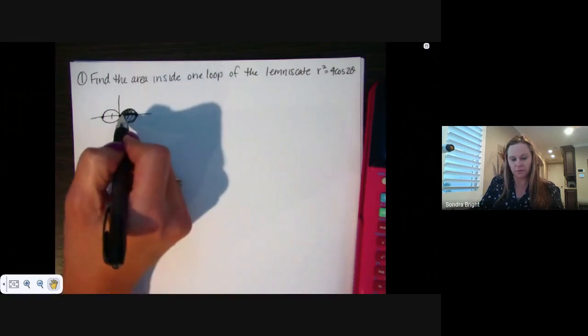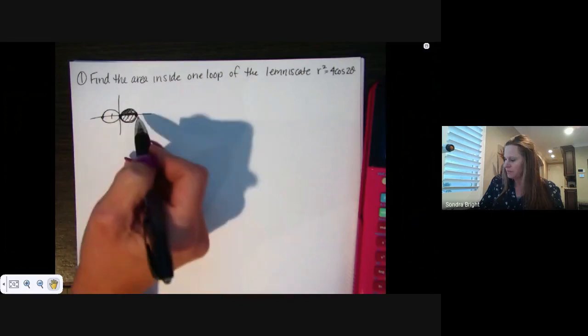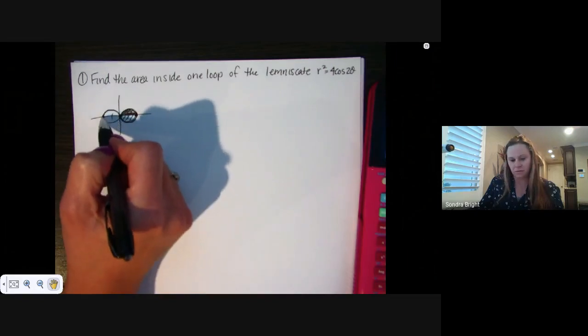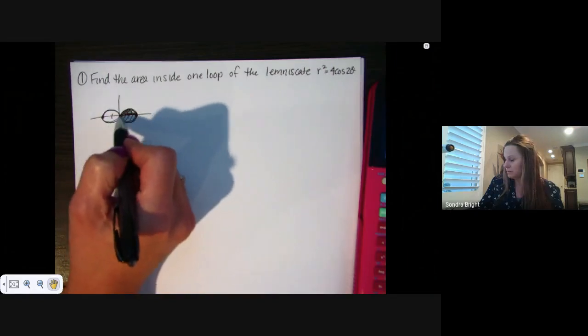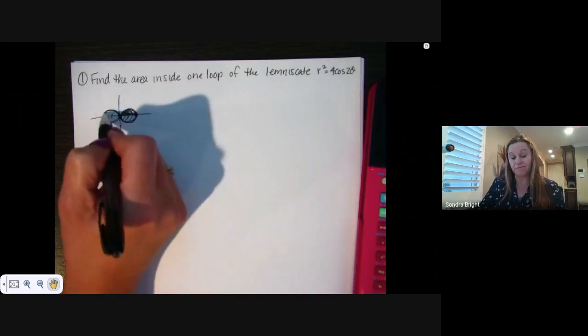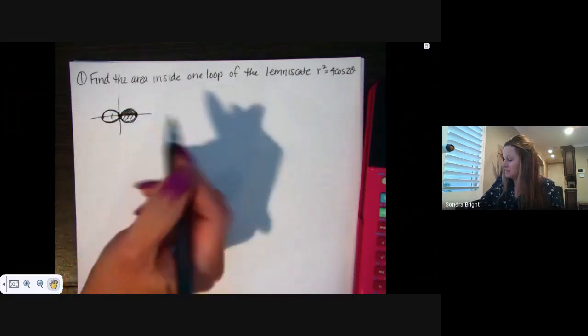That works. What else works? Pi over 4 to 3 pi over 4 will also work. So here's pi over 4. You would come around. You could go to 3 pi over 4 as well. That also works. If that makes sense. Okay, so what do I want?